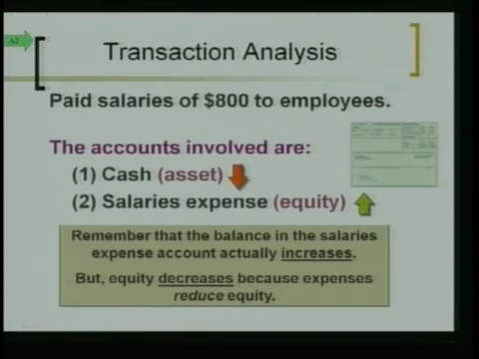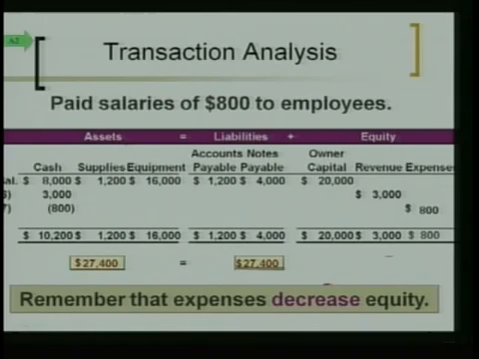Now remember that as the salaries expense account increases, equity decreases because expenses reduce equity. How does this look? It looks like this. And I want to make sure you understand this. Expenses go up. Expenses are not decreased here. Expenses go up. But eventually, when we're figuring out total equity, we add revenue, but we're going to subtract our expenses.